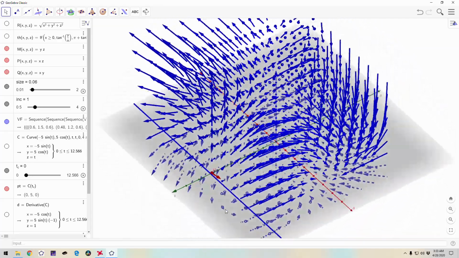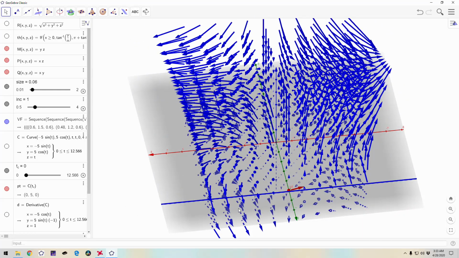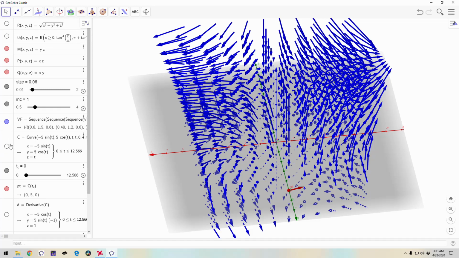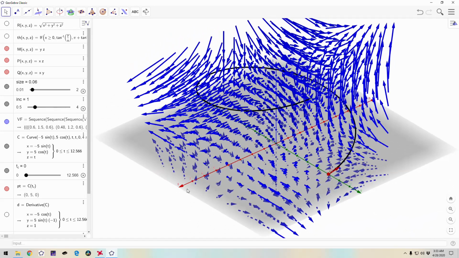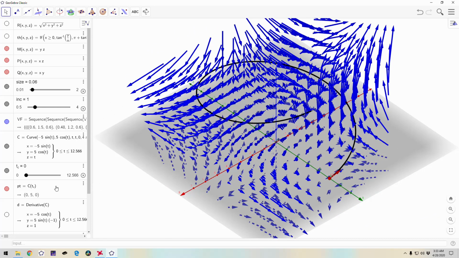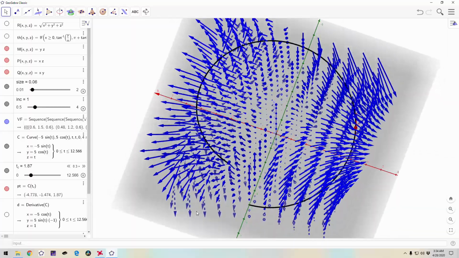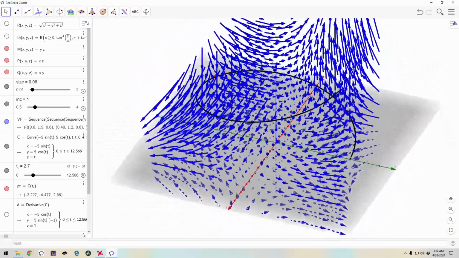All right, now we're also interested in the path. There it is. So that's the forward one. This path, whenever I hit the thing to go, you can see the path that it takes to go around the helix.